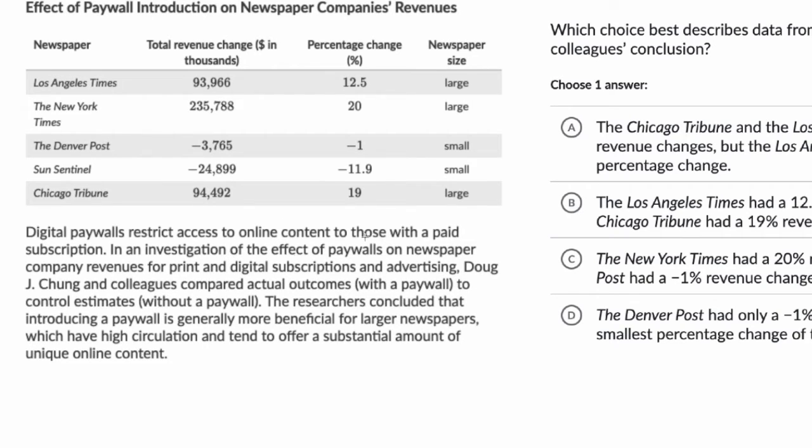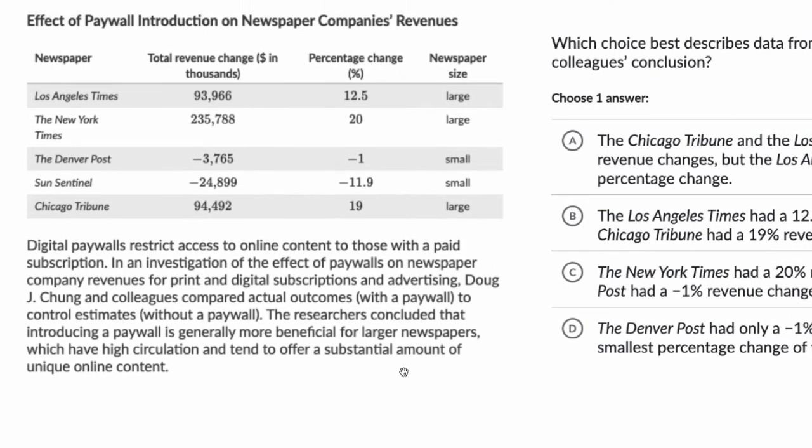In an investigation on the effect of paywalls on newspaper company revenues for print and digital subscriptions and advertising, researchers compared actual outcomes with a paywall to control estimates without a paywall. The researchers concluded that introducing a paywall is more beneficial for larger newspapers, which have a high circulation and tend to offer a substantial amount of unique online content.